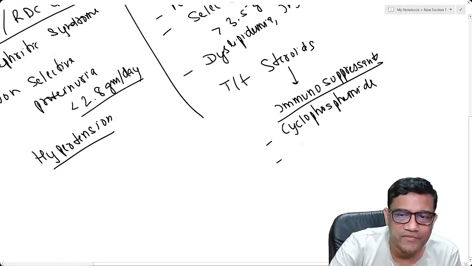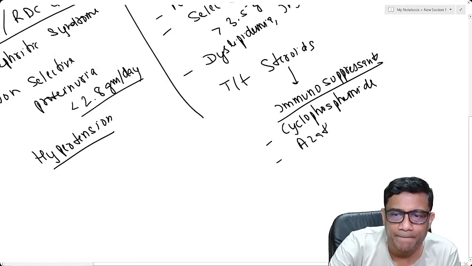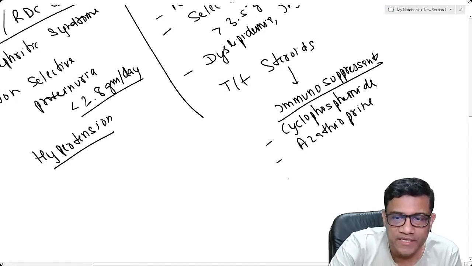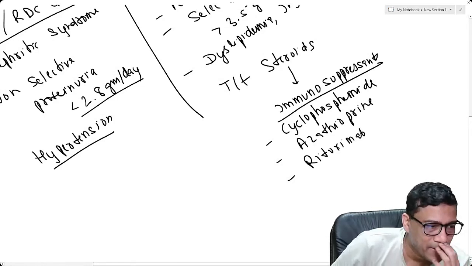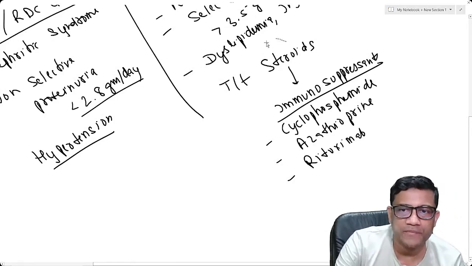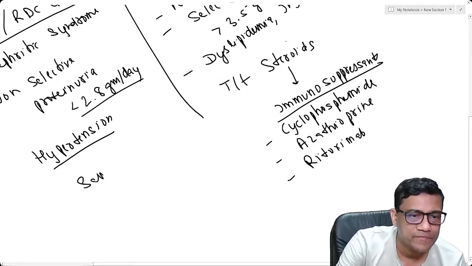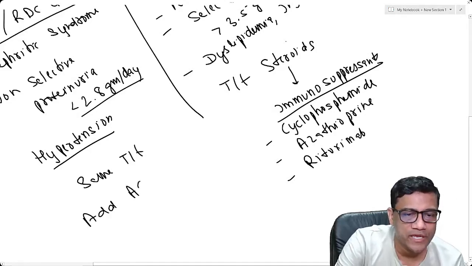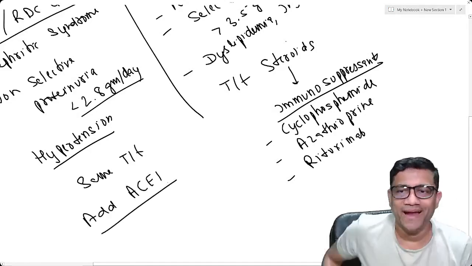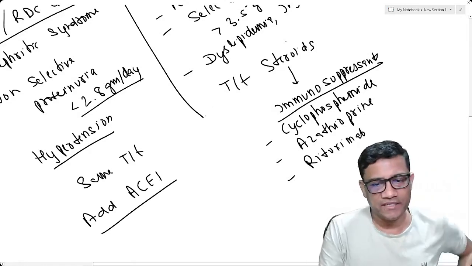Also we can give them azathioprine. And what else? Yes, rituximab. Okay. Here also same treatment. Add ACE inhibitors also. Add the ACE inhibitor. Okay.